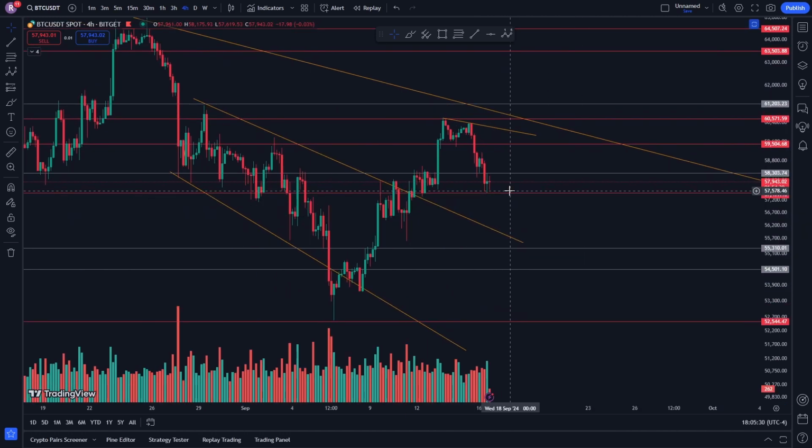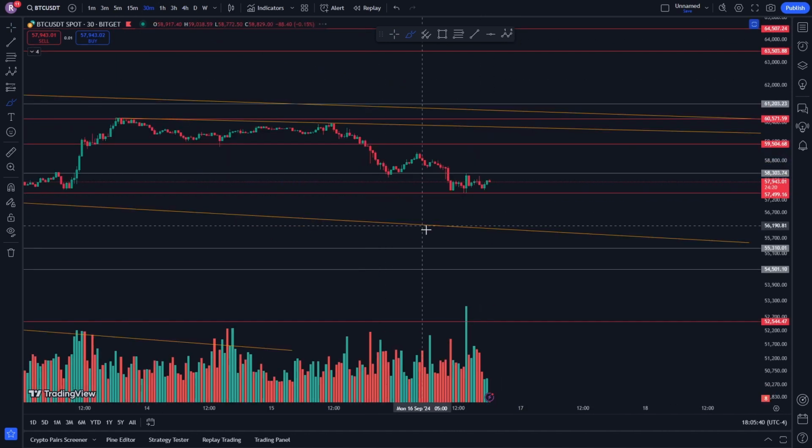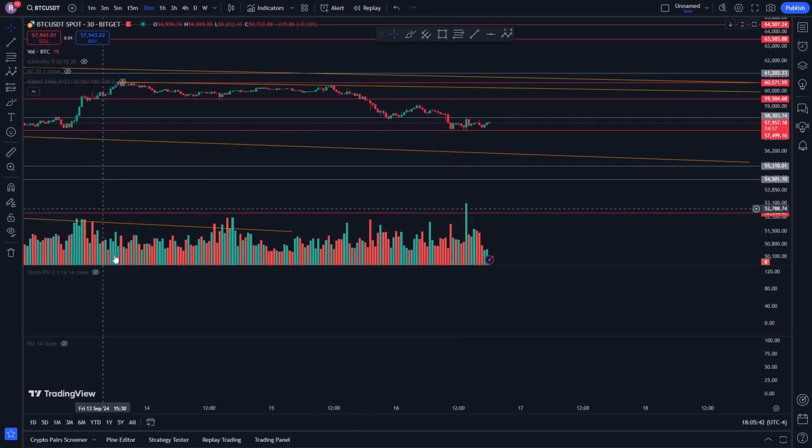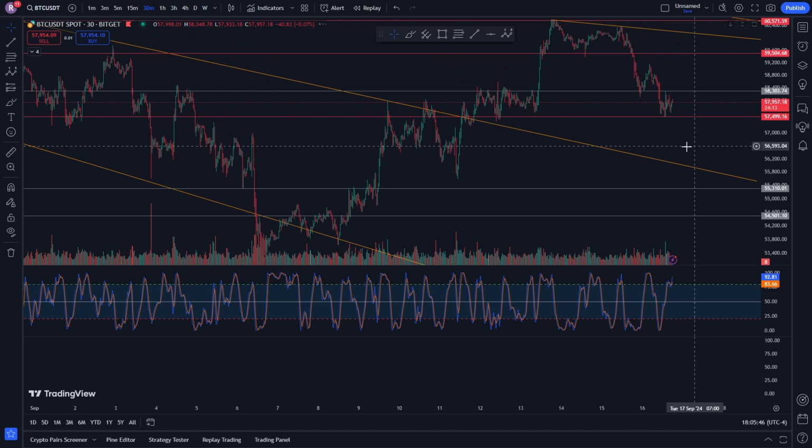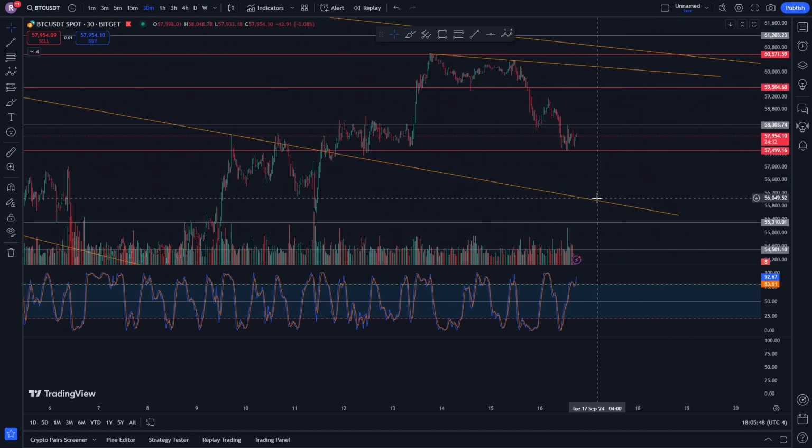We want to stay above 57.5. If we stay above 57.5 and then we get a pump up, for example right here on the 30-minute, if we open the stochastic up, by the time we get overbought, if we can't stay above 57.5, we're going to go down more.